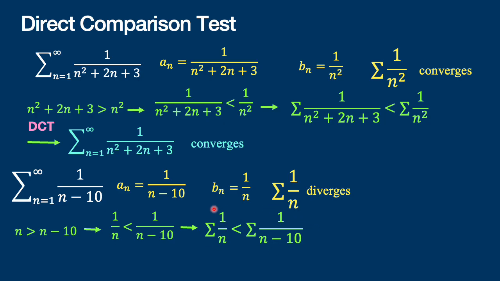The left side diverges, so the right side also diverges. That's what the direct comparison test says. Another way to understand that: this one is increasing and goes to infinity, so the right side definitely has to go to infinity. That's why this series is going to diverge.